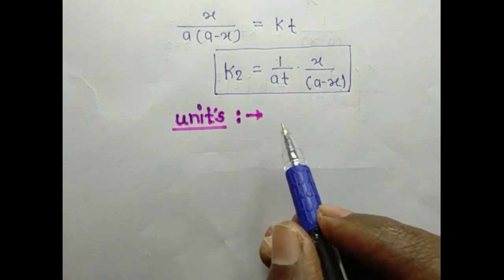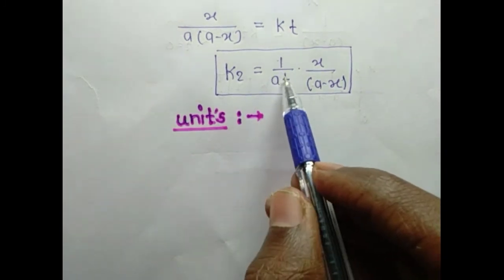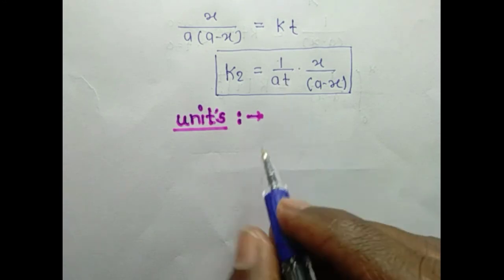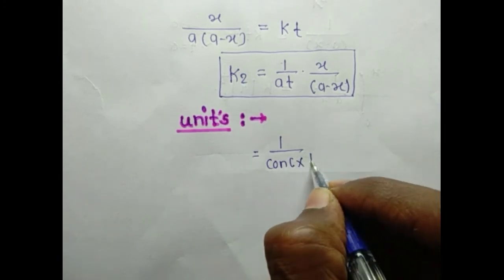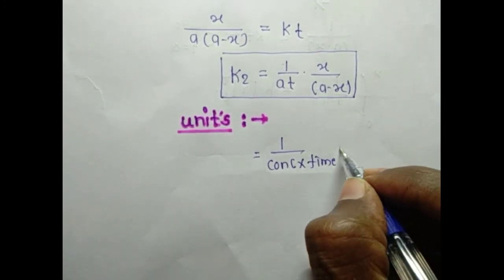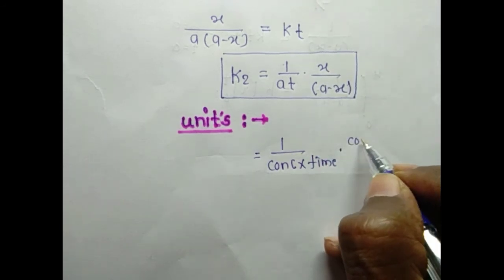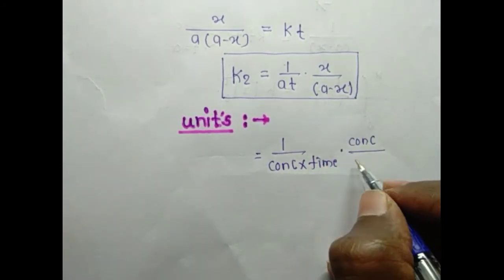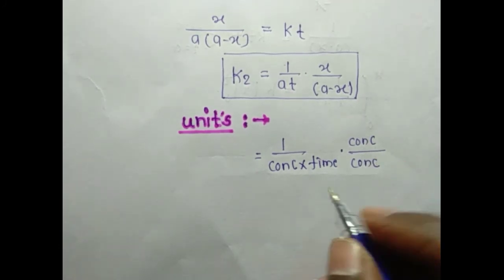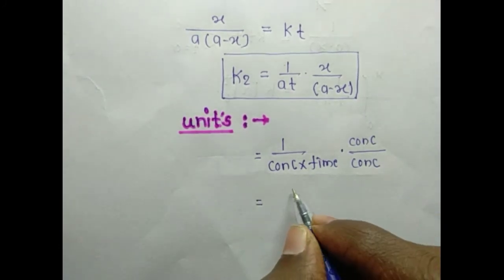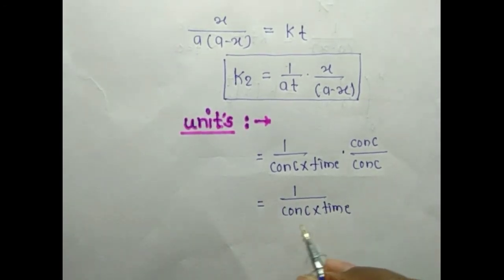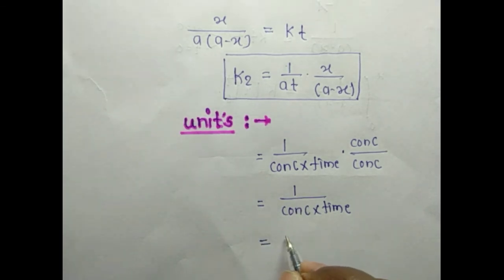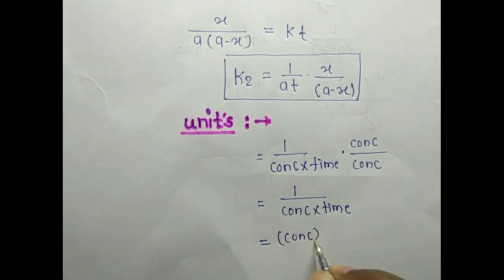The units for a second order reaction: the equation is k2 equal to 1 upon at. Here a means moles, moles means concentration, so 1 upon concentration into time, into x which is also concentration, upon (a − x) also concentration. This concentration and that concentration get cancelled, and the remaining is 1 upon concentration into time, that is concentration inverse and time inverse.